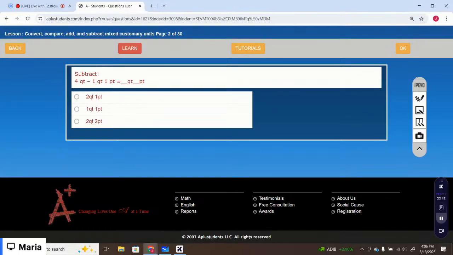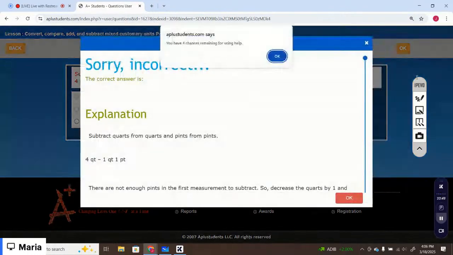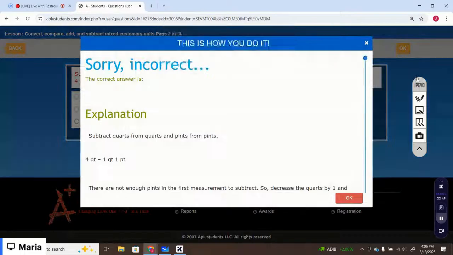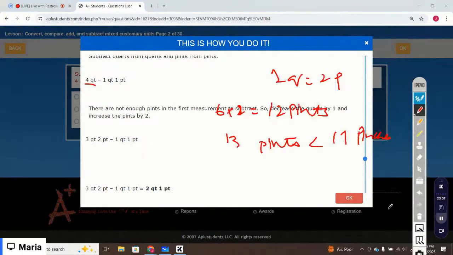You have to subtract, right? You do not have any pints yet, right? So you have to write pints over here. That would be 3 quarts and 2 pints because 1 quart equals 2 pints, right? You have to actually break down that 4.